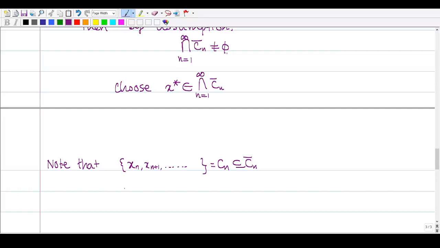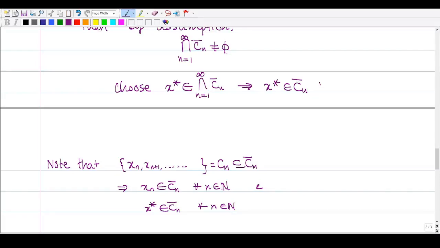So this implies that xn belongs to Cn closure for every n belongs to natural numbers. At the same time, x star also belongs to Cn closure for every n, since it is in the intersection.